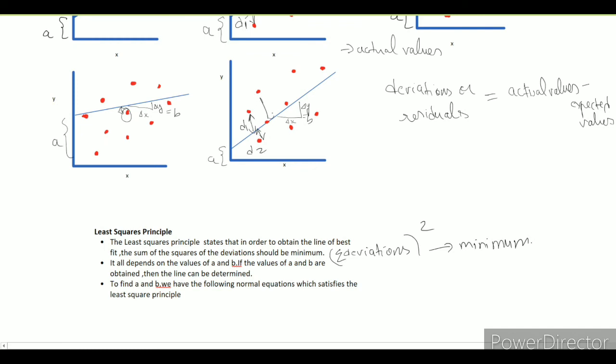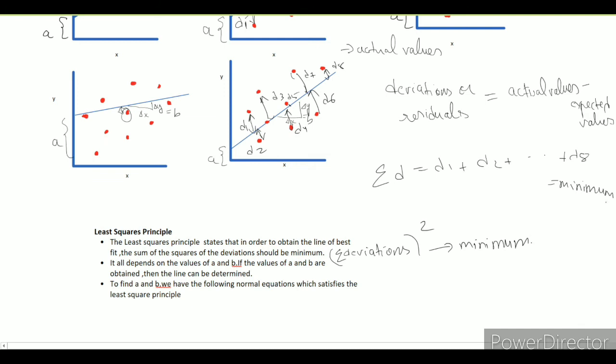Another deviation from the line, d3. This has no deviation, it coincides. So this is another deviation here, let's call it d4. A small deviation here called d5. This is another deviation, d6. Another deviation, d7. And another deviation, d8. So if we add all of these deviations, d1, d2 up till d8, they should be minimum.